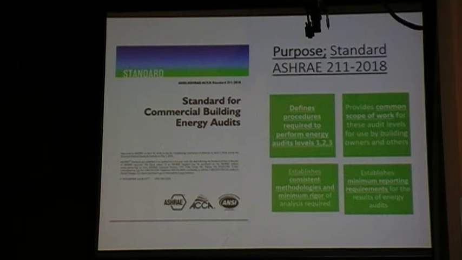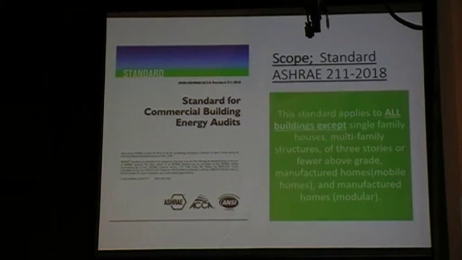The purpose is: it defines the procedures required to perform energy audits in Level 1, 2, and 3, provides a common scope of work so that everybody is doing the same scope of work, establishes consistent methods on how to do that, and finally, it establishes minimum reporting requirements, so again, everybody is doing the same thing when it comes to producing that report.